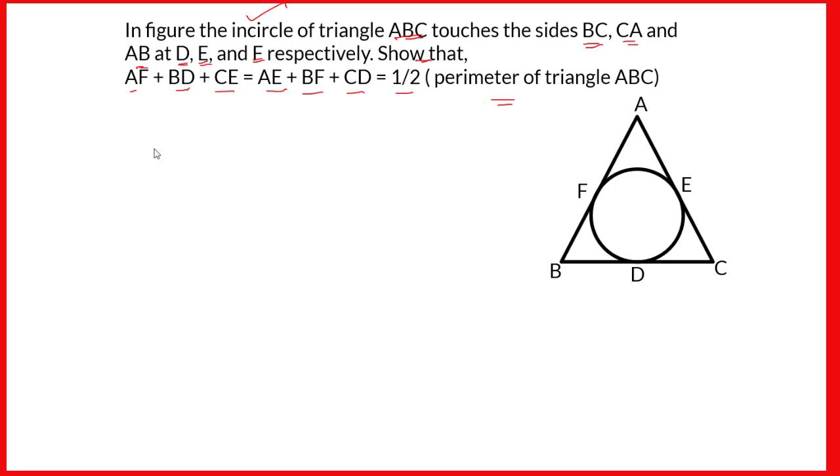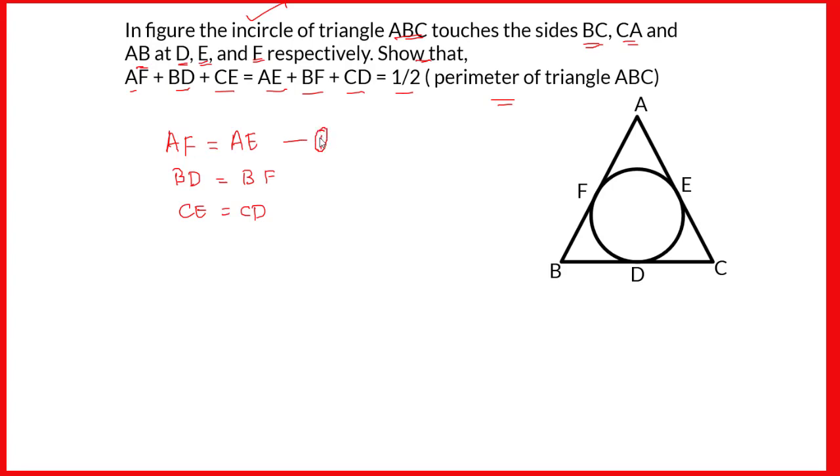And therefore we can write AF is equal to AE, and BD is equal to BF, and CE is equal to CD. Correct? AF is equal to AE, BD is equal to BF, and CE is equal to CD.